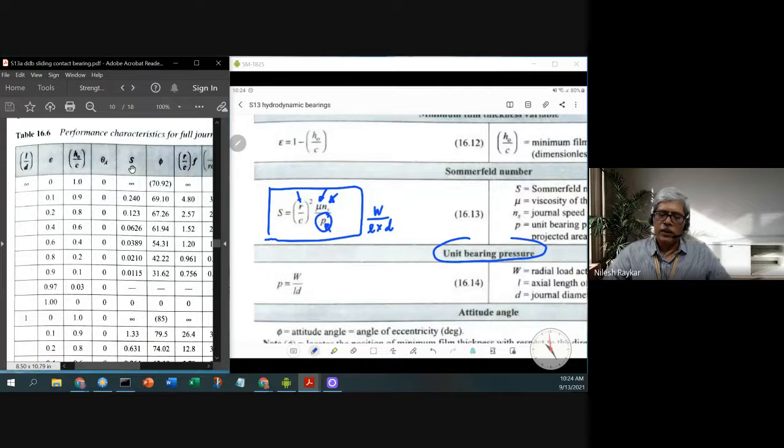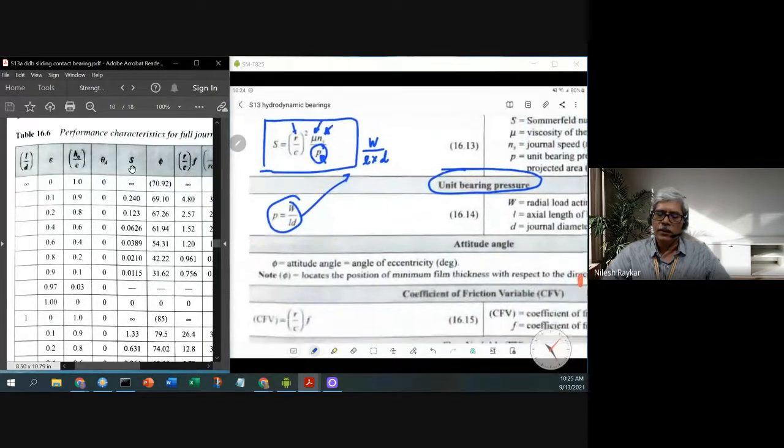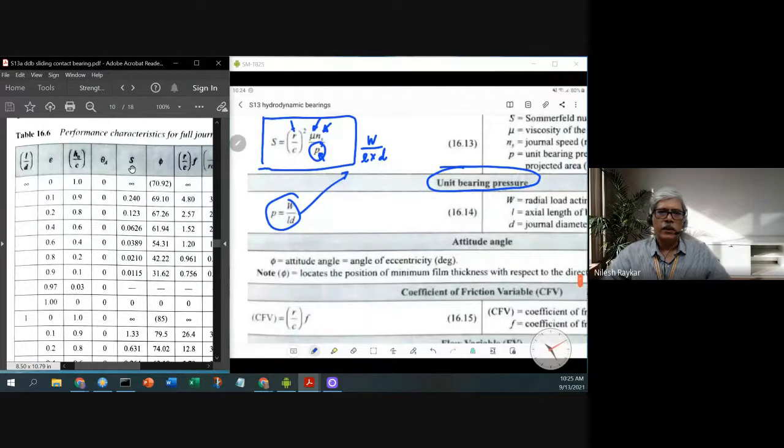The phi is called the attitude angle. This attitude angle is the angle at which the minimum film thickness exists. If you join the shifted center of the shaft with the original center of the sleeve, where this is the center of the sleeve and this is the center of the shaft, it will make an angle, which is the attitude angle.